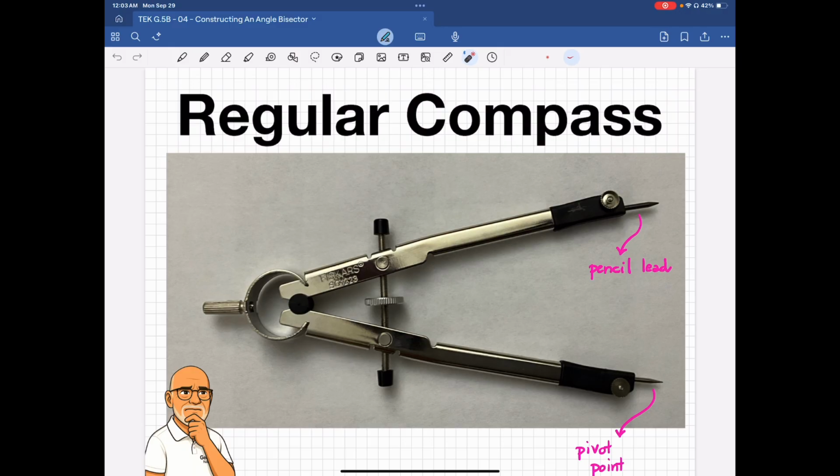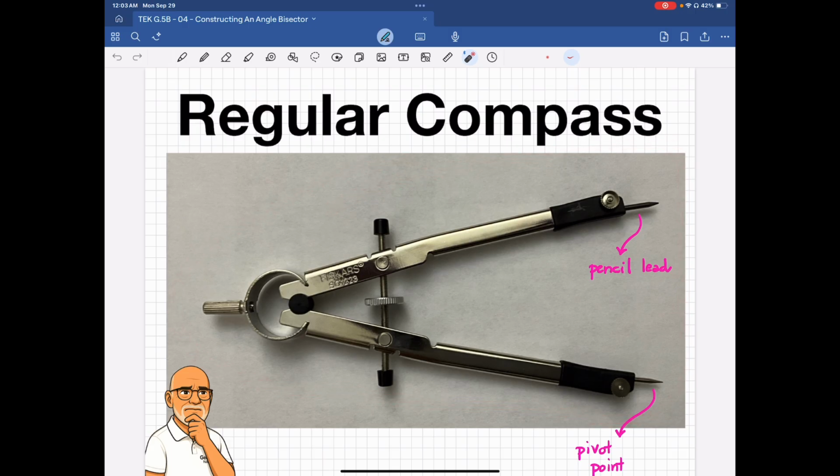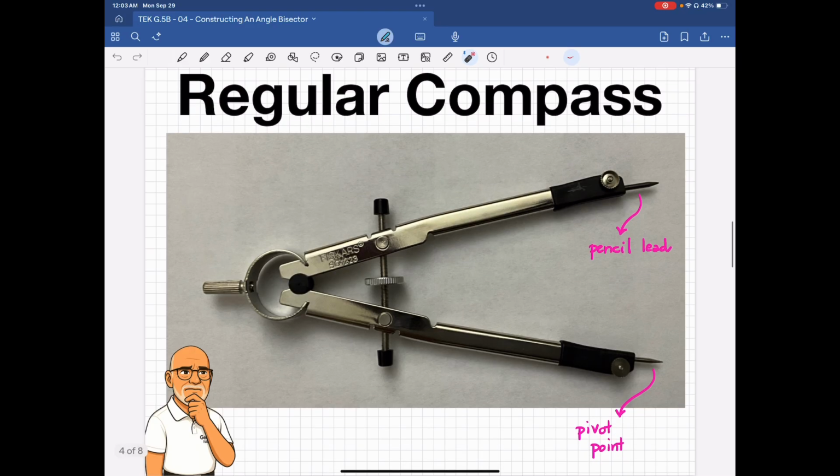You can also do constructions using a regular compass, and this is what a regular compass looks like. There's some parts that I need to explain before we actually start doing the regular compass construction, and that is, notice that you have a pivot point right here.